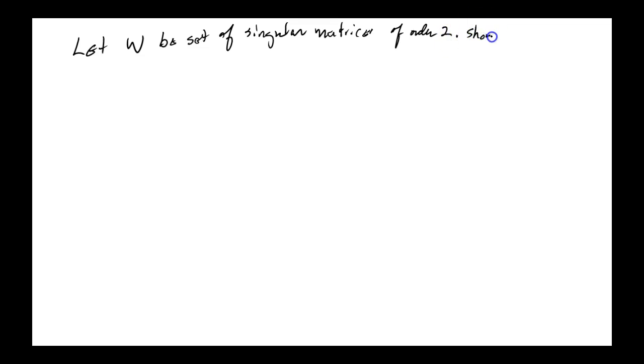Show that W is not a subspace of M22, which is the set of all 2 by 2 matrices.